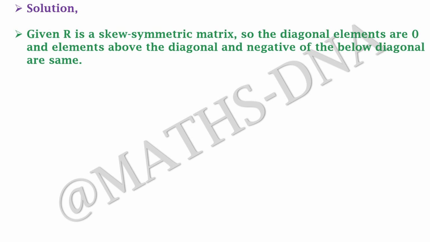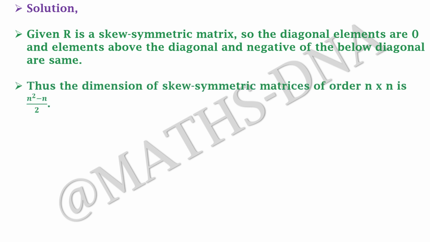Firstly, it is given to us that R is a skew-symmetric matrix because R transpose is equal to minus R, and so the diagonal elements are 0 and the elements above the diagonal are the negatives of those below the diagonal. Now how does this happen? Also, the dimension of skew-symmetric matrices of order n cross n is (n square minus n) by 2.